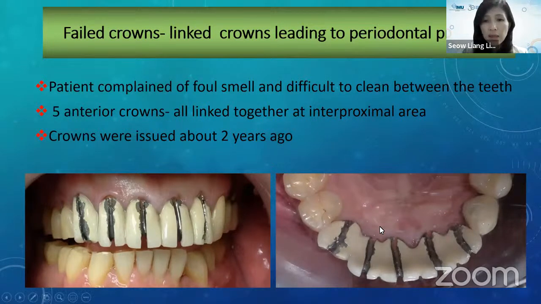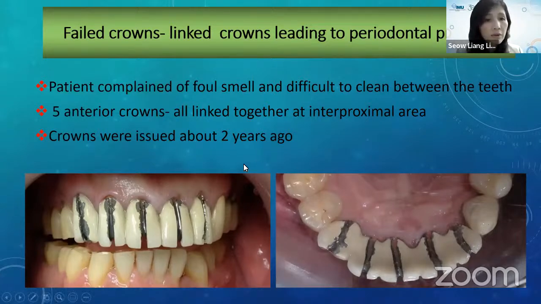And you can see at the back as well, the embrasure area, it's very difficult for the patient to keep clean and food gets stuck there because it's concave inside. So unable to floss in between, inability to clean underneath the concave surface of the palatal side has caused the foul smell for this patient.